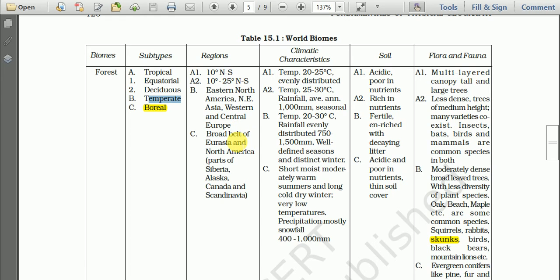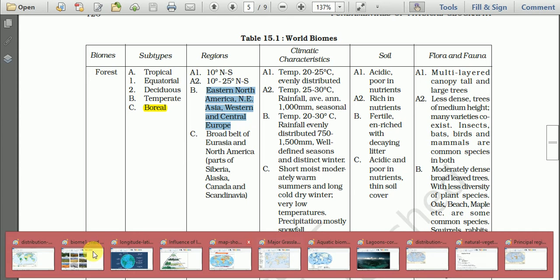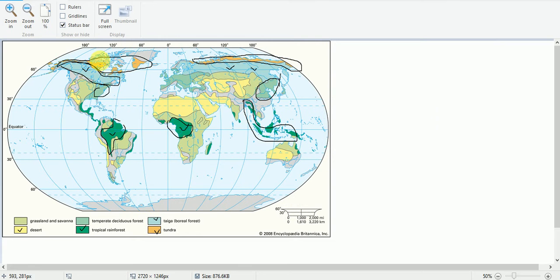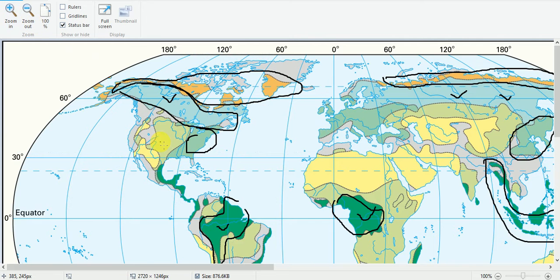Then the temperate forest biomes. Where are these biomes located? We have eastern North America, Northeast Asia, and Western and Central Europe. You may refer to this map here.